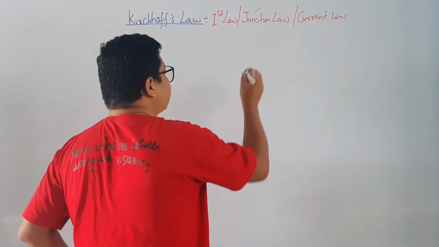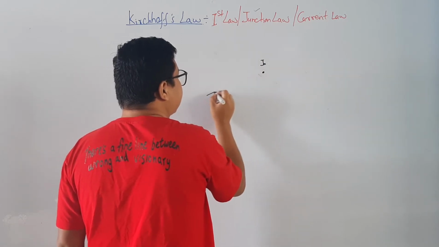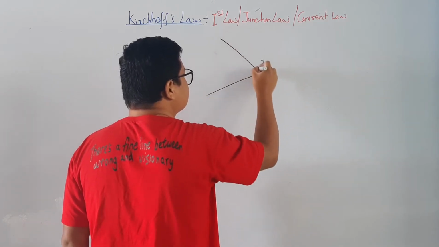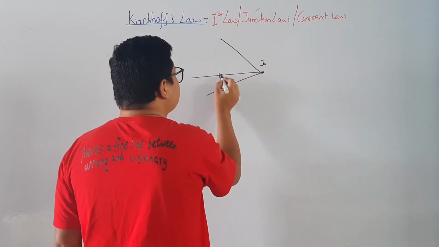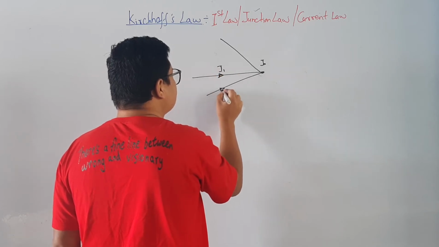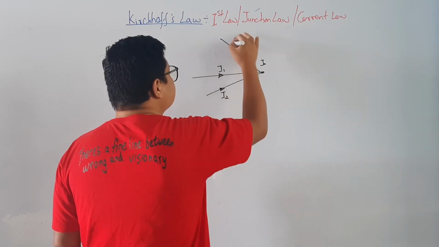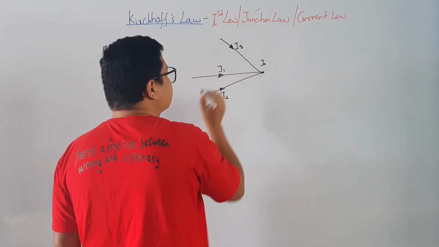So how many currents are there? Let us consider this is my junction, and there are three currents coming in like this. Say this is I1, this is I2, and this is I3.